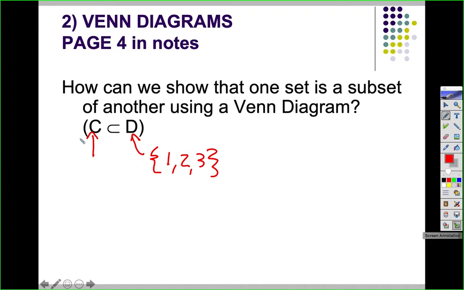Then a subset could be C if it had any combination of just these numbers. So 1 and 3 would be a subset of 1, 2, and 3. Basically, everything that is in C has to appear in D. For instance, if C had the number 4 in it, and 4 was not in D, then it would not be a subset.